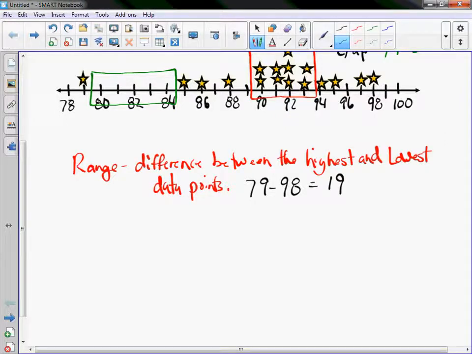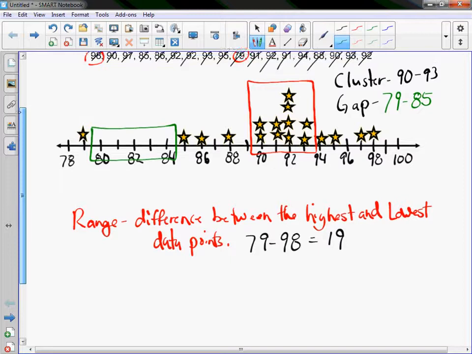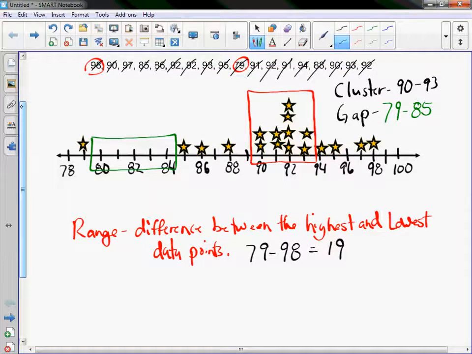Is there a number we could throw out of our set that would give us a much smaller range? Yes, that number is 79. If we threw 79 out, we would get a much smaller range. So I would call 79 an outlier.